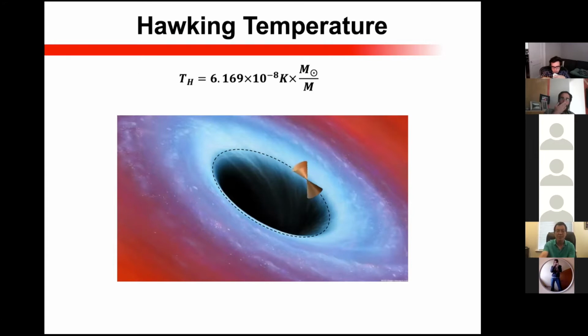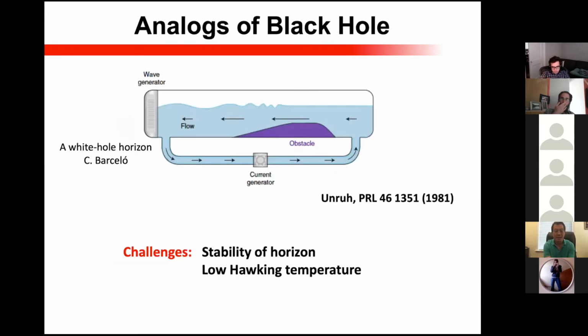For that reason, we are studying analogs of black hole. There are many proposals proposed and discussed, with very interesting talks in this workshop. Despite the progress made and the many interesting physics revealed, there is much more to learn and study, and there are challenges such as, in general, all the analogs still have a very low Hawking temperature.